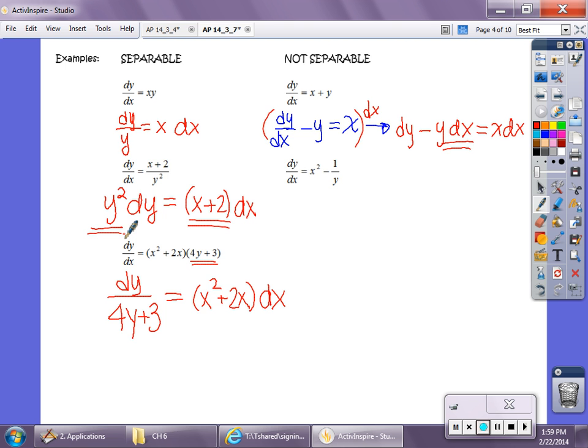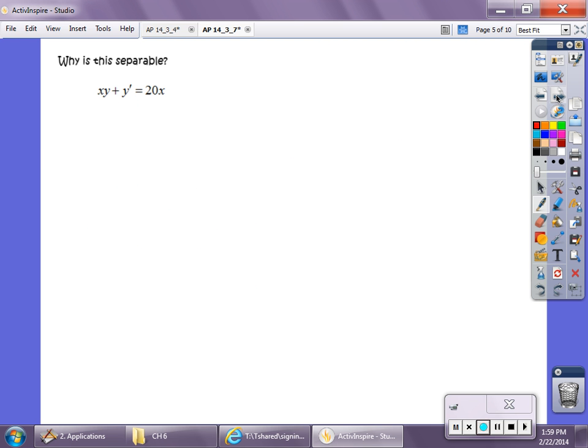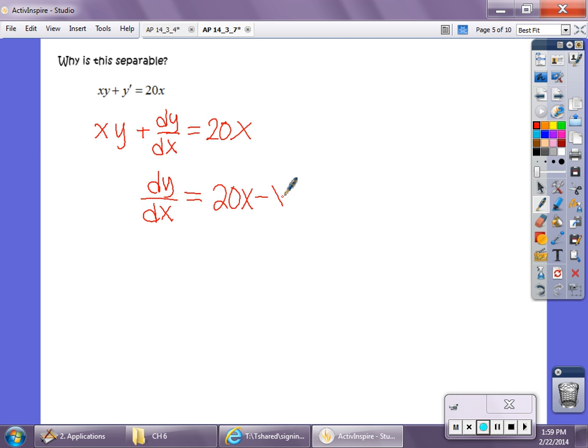Alright, so taking a look, what we're going to do is look at a harder one. Why is this one considered separable? So first of all, I'm going to rewrite it so that my y prime is dy dx. And right now it definitely looks like it's not separated. So I'm going to try and move my dy dx to be on its own, and I'm going to move my x's and y's to this side.